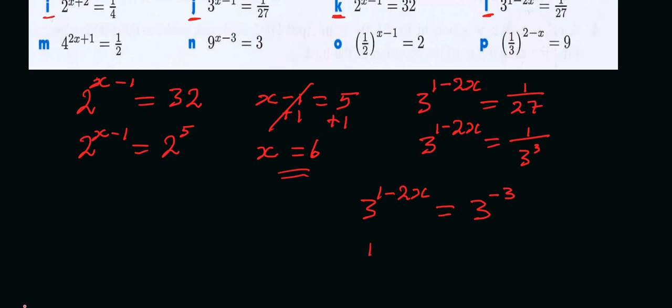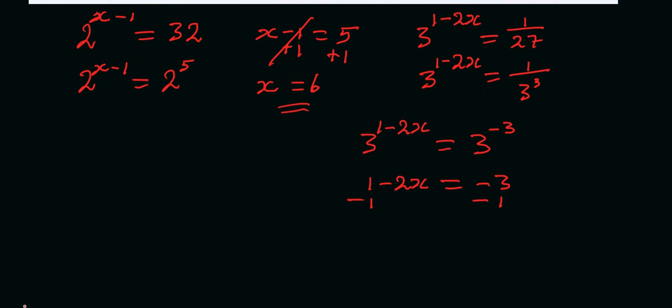So we can now have the exponents be equal: 1 minus 2x is equal to -3. So now we can subtract 1 from both sides. Subtract 1 from both sides. So when you do that, 1 minus 1 we cancel out from here, and we are left with -2x equal to -3 minus 1 is -4.